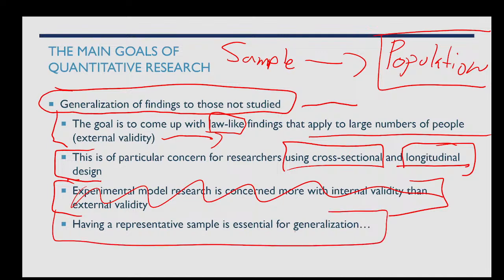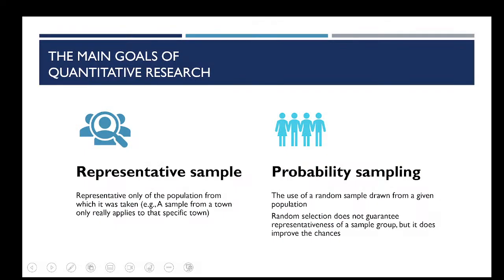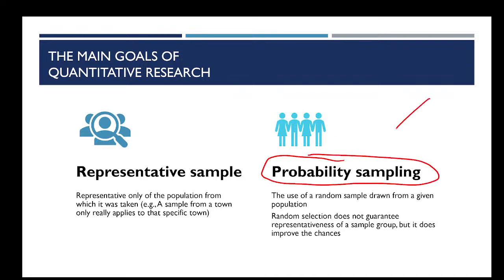Now, for generalization, you do need a representative sample. We're going to talk about this in a separate unit, all on probability sampling. I know, it sounds thrilling. You can't wait. You're like, please, can we skip to probability sampling now?